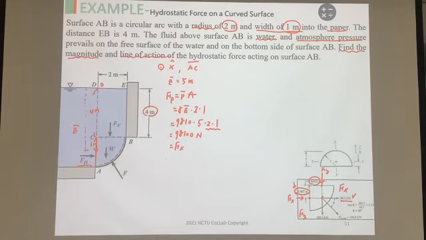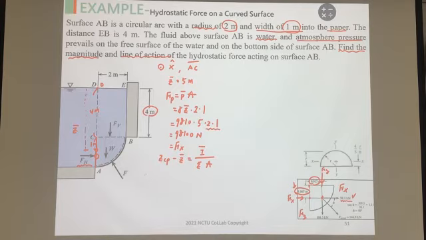So the second question is we need to decide the CP location here. As I mentioned, here we use Z. Z CP minus Z bar is equal to I, the second moment, divided by Z bar times the total area.